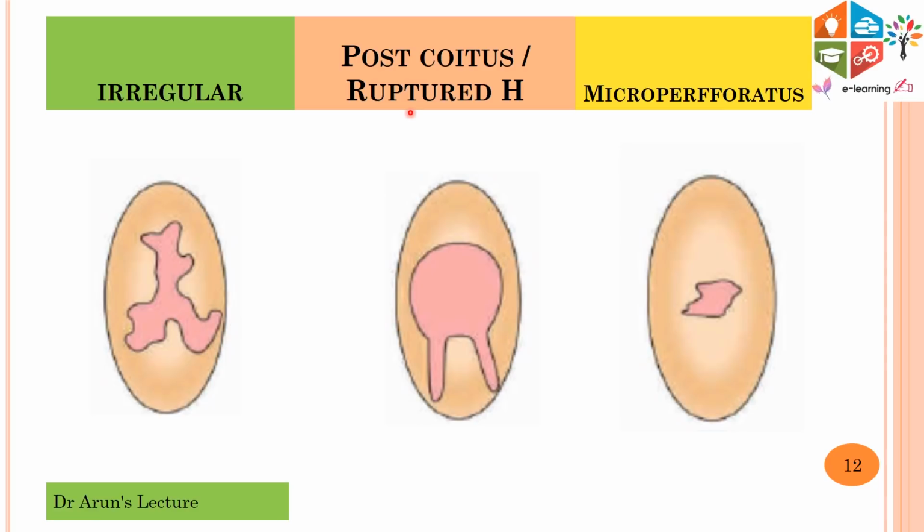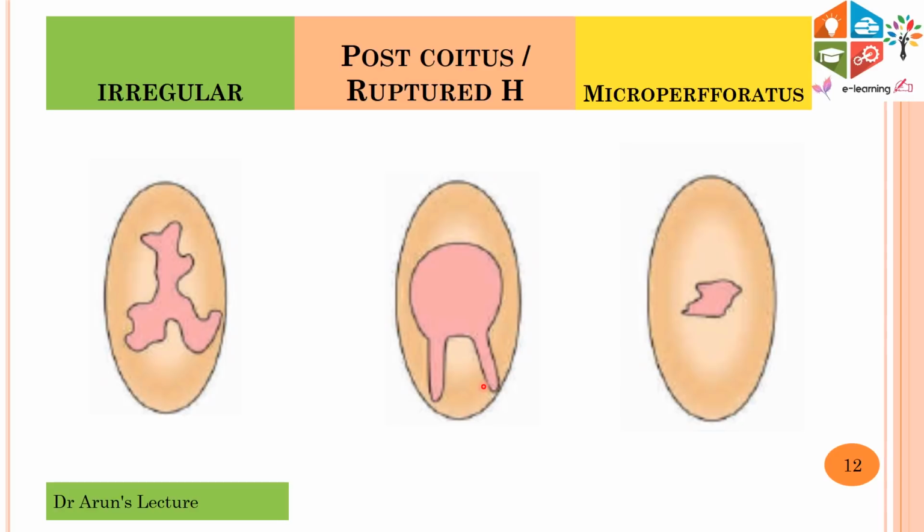The other type is the postcoital or ruptured hymen, and this is one such differential diagnosis for a fimbriated type of hymen. Here the tears reaching up to the peripheral margin is one of the distinguishing features to differentiate it from a fimbriated type of hymen.